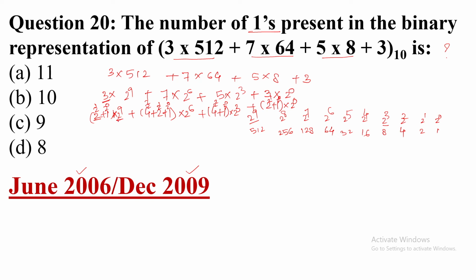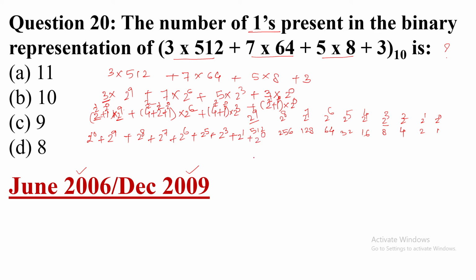So 2's power 1 into 2's power 9 is 2's power 10, plus 2's power 9, plus 2's power 8, 2's power 7, 2's power 6, 2's power 5, 2's power 3, 2's power 1, and 2's power 0.